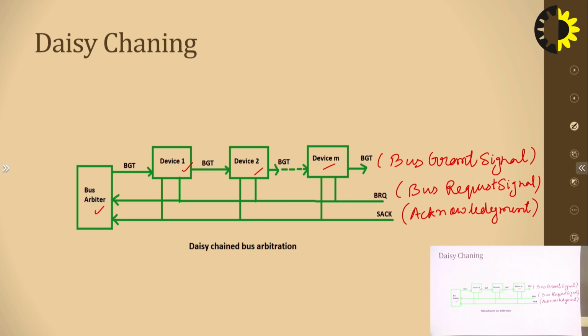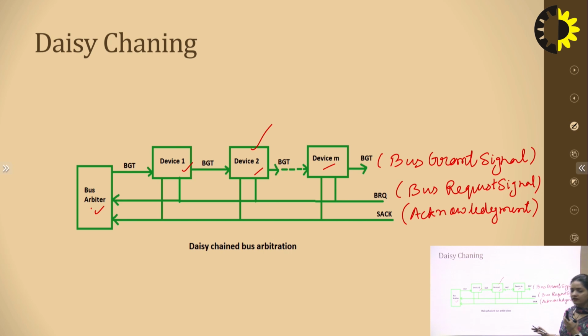Now, how will this process of bus request, bus grant and relinquishing the buses back to the CPU occur? As we see in this diagram, we have a master bus arbitrator, known as the bus arbiter, and certain devices connected to it, like device number 1, 2 and m, in a sequence, that is in a chain. Suppose device 2 is requesting control of the bus.